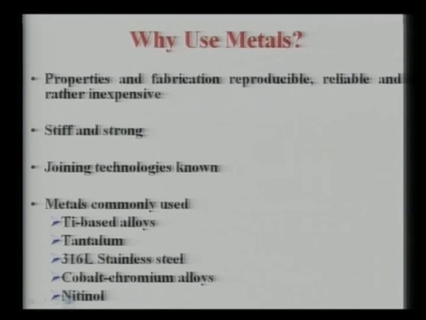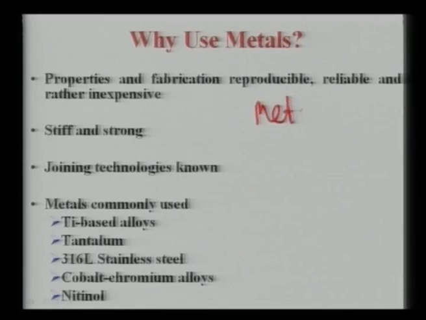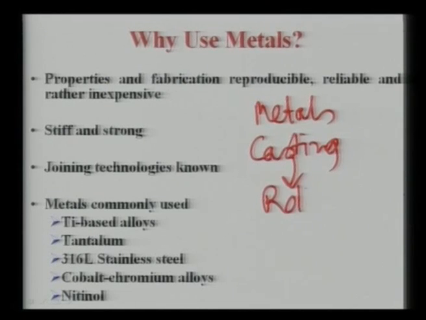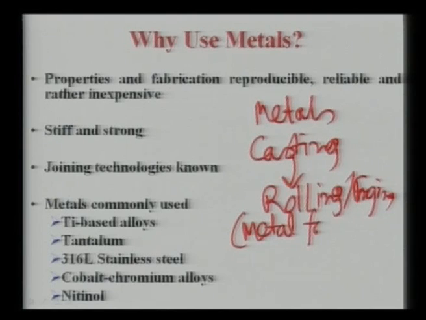Now coming back to the example of the metals. The processing of fabrication is reproducible, because typically the fabrication route for metals would be casting, then rolling, and then finishing products. Casting, rolling or forging, or other types of processes, are generically called metal forming processes, and then you can go to the final product.